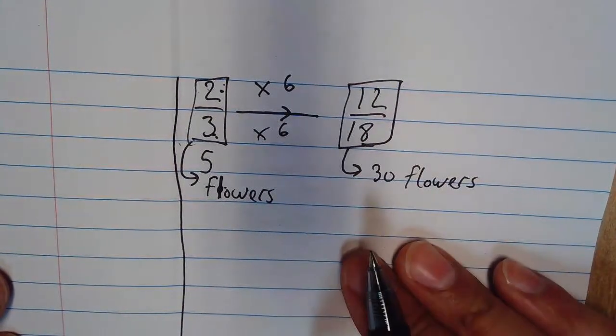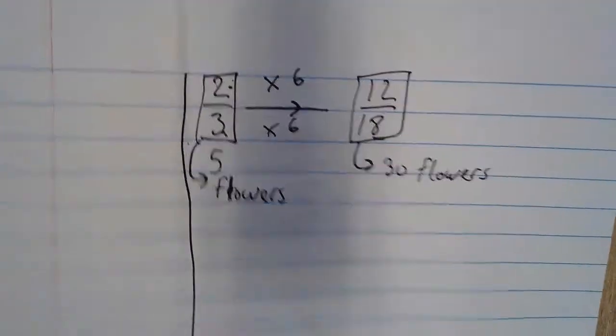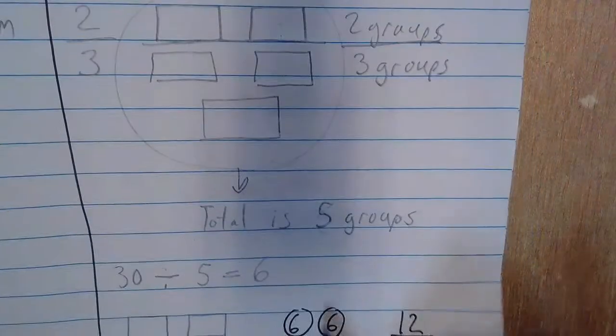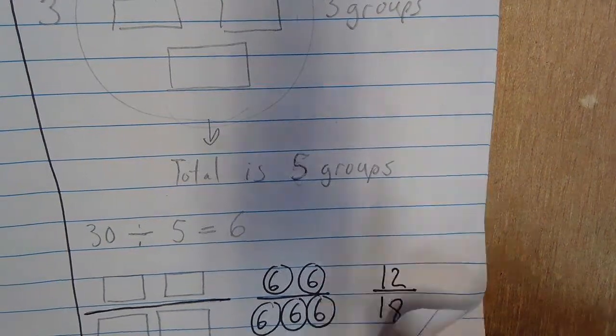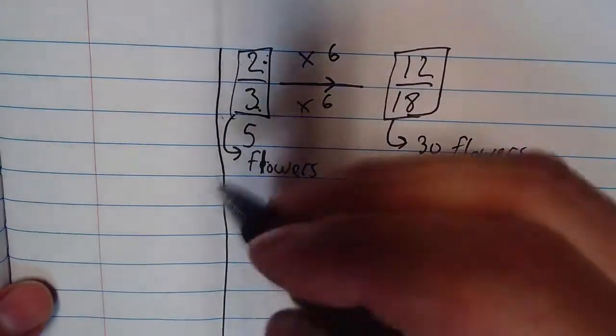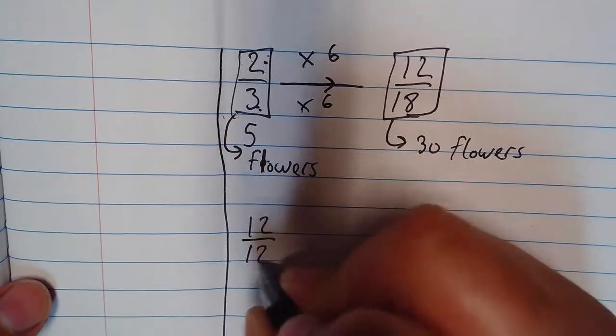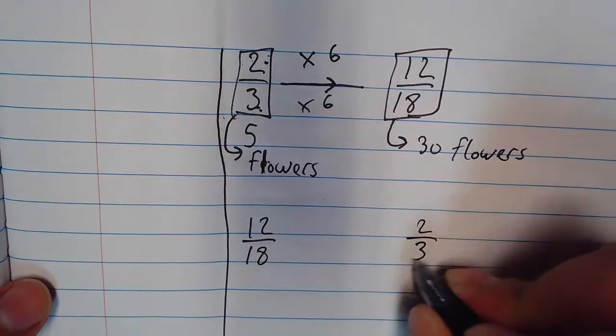Yeah? And isn't that what we did here? Didn't we make groups of 6? But let me show you the other way around. Does this simplify to that?